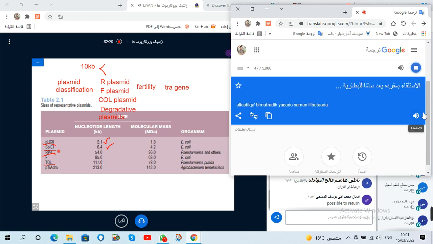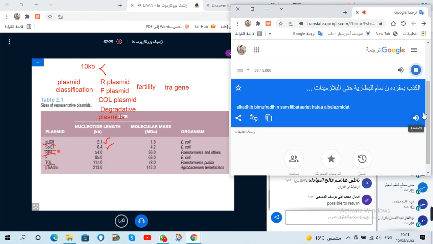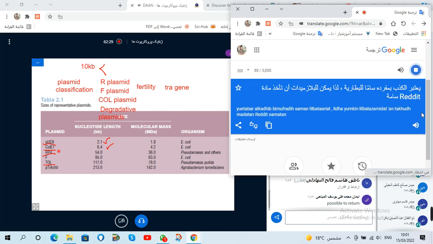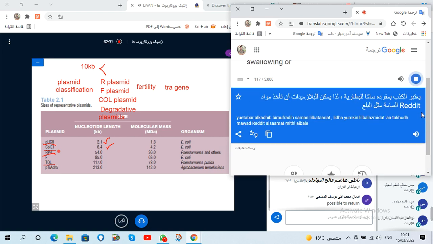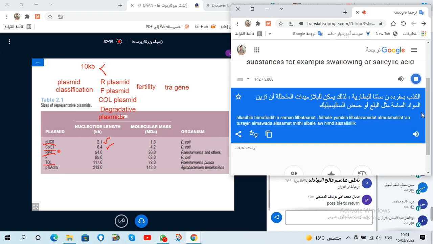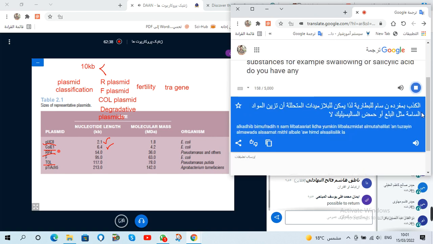So degradative plasmids can degrade toxic substances, for example, toluene or salicylic acid. Now, do you have any questions?